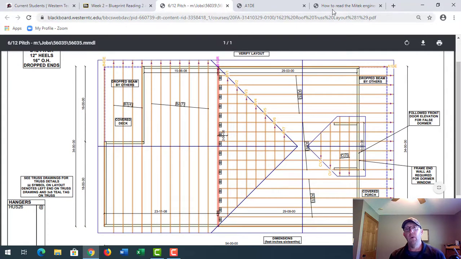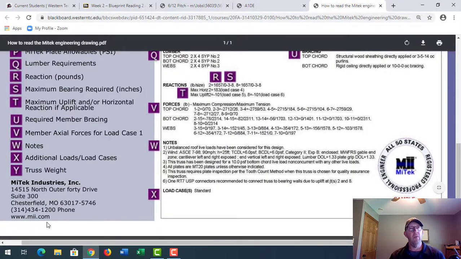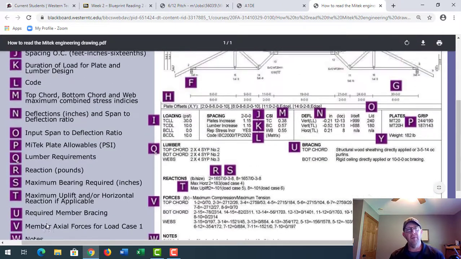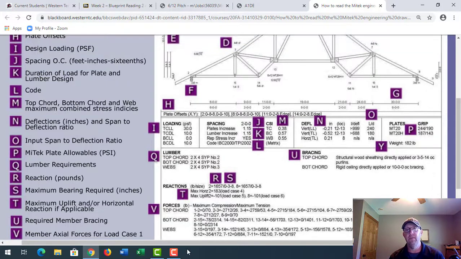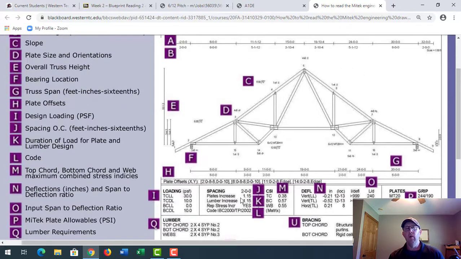All right, so as you go, there's other things here, but those are some of the major ones that I want you guys to start thinking about. And so you're going to always want to be looking at these engineering sheets for that type of information. So the assignment is going to be based on interpreting and picking out information on this MyTech drawing.